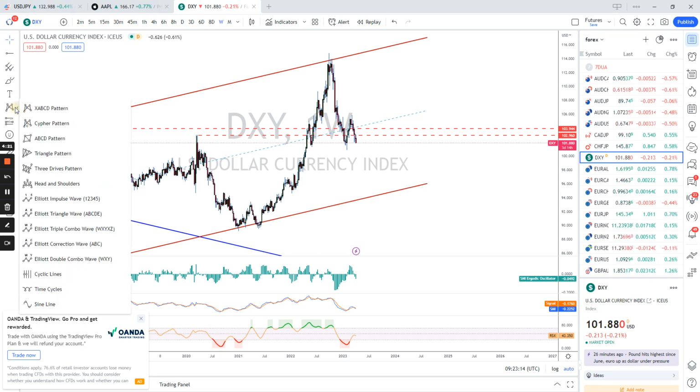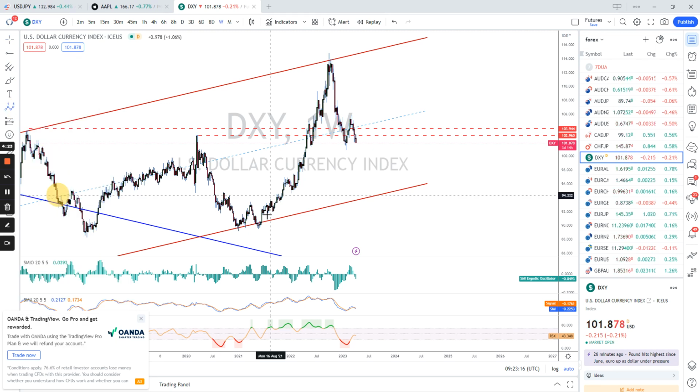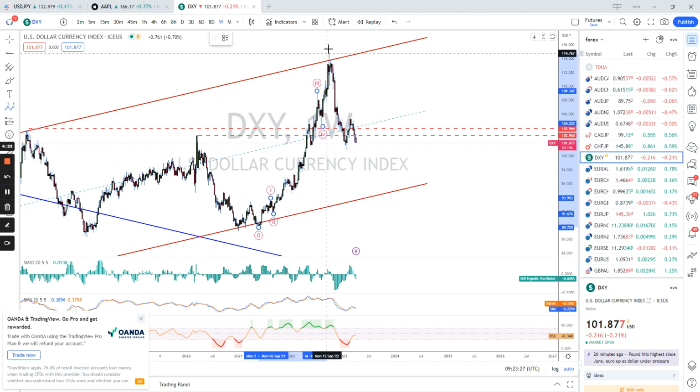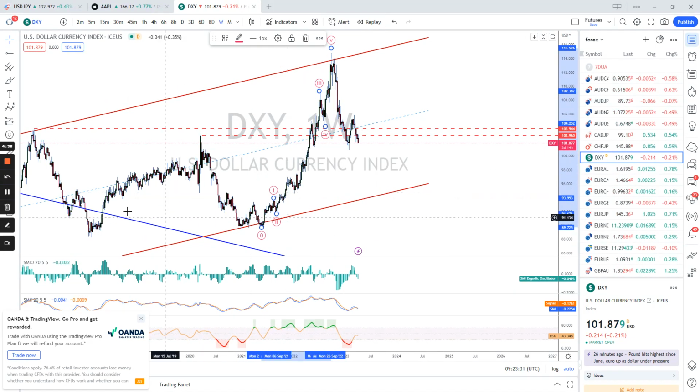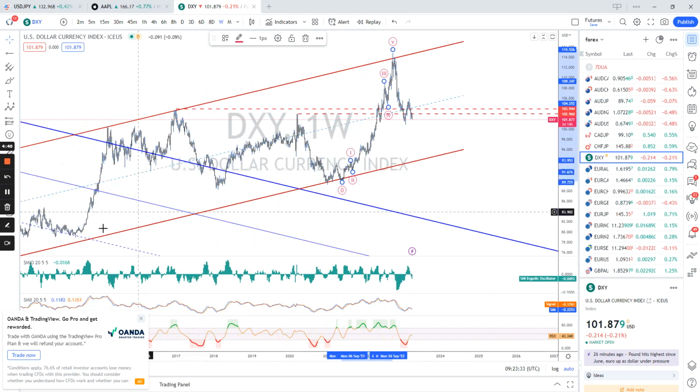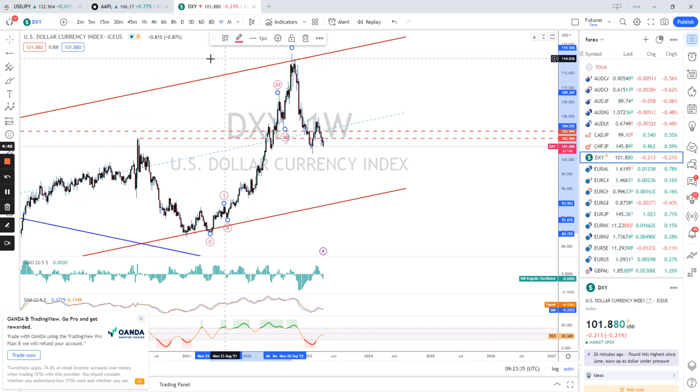Okay, so let us do the Elliott Wave counts. First of all, let us see these 5 waves to the upside, which were mostly clear, and that is within the longer time frame 5 waves.